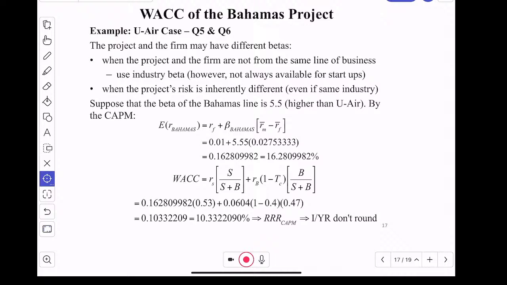So I have some bullets here. When the project and the firm are not from the same line of business, you should use an industry beta. And so they are in the same line of business. It is airlines. But making this point in general, you could use an industry beta. That could be available.